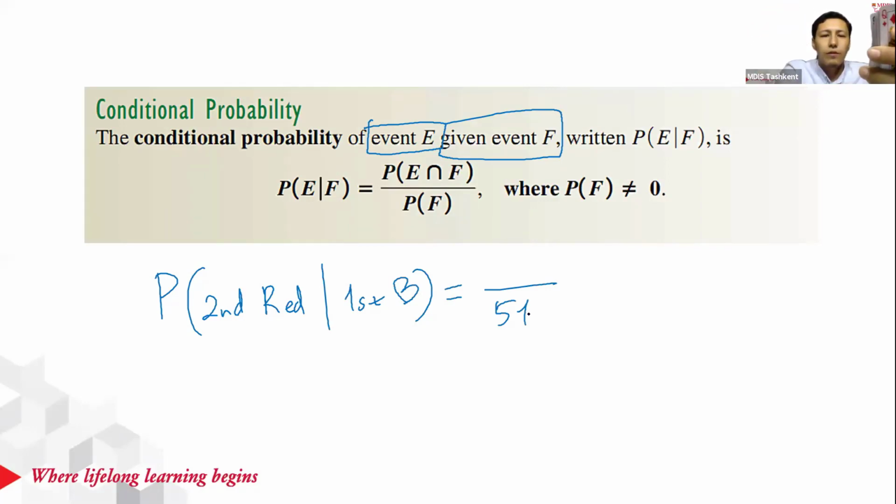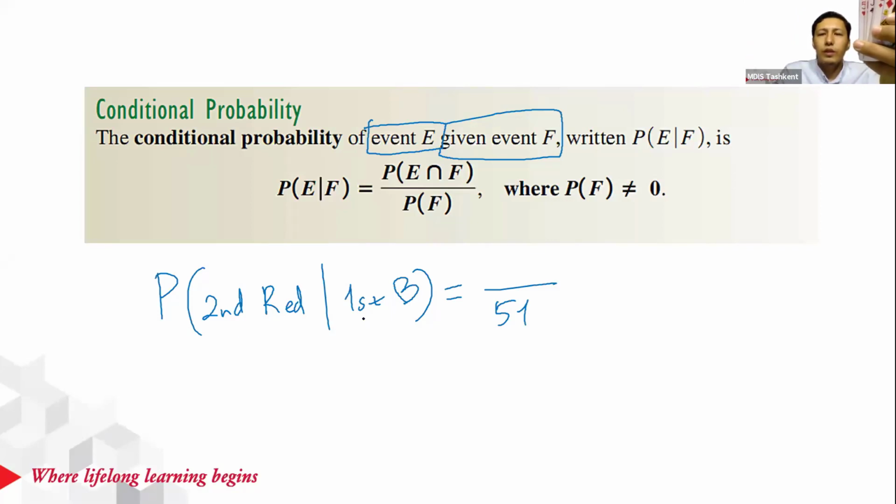Understand? The first one is heart. I take it away, I just throw it. Now we have 51 cards left. If I pick one card, what's the probability that the card is red? So 51 cards left, and how many red cards?